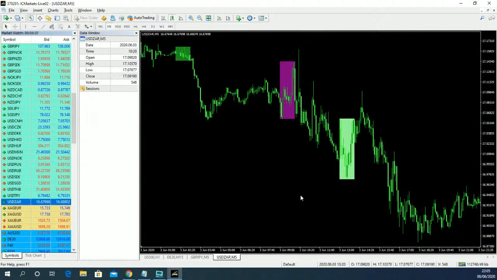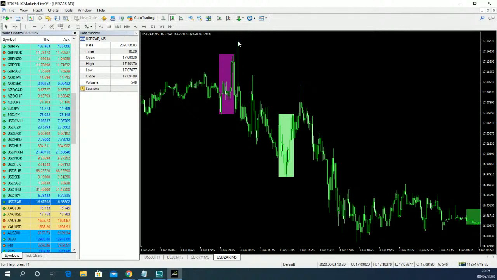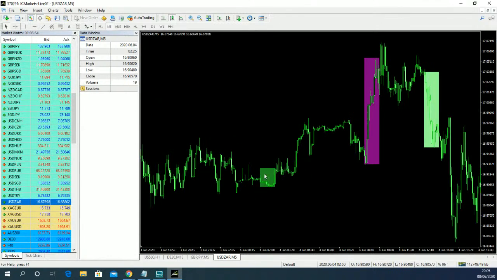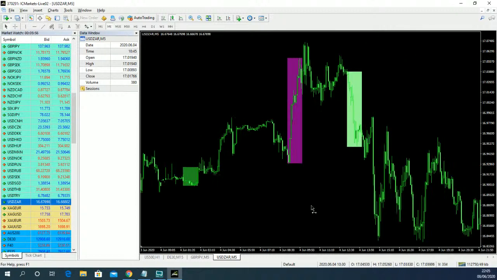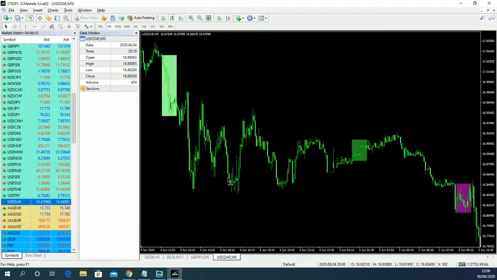Let's look at this South Africa market. This is USD ZAR. Very good for it as well. You can see you pick up the high here, almost the high here. Here you pick up the low. This box is too big, so you avoid that box. This box is fine. You pick up the low here, you go down.